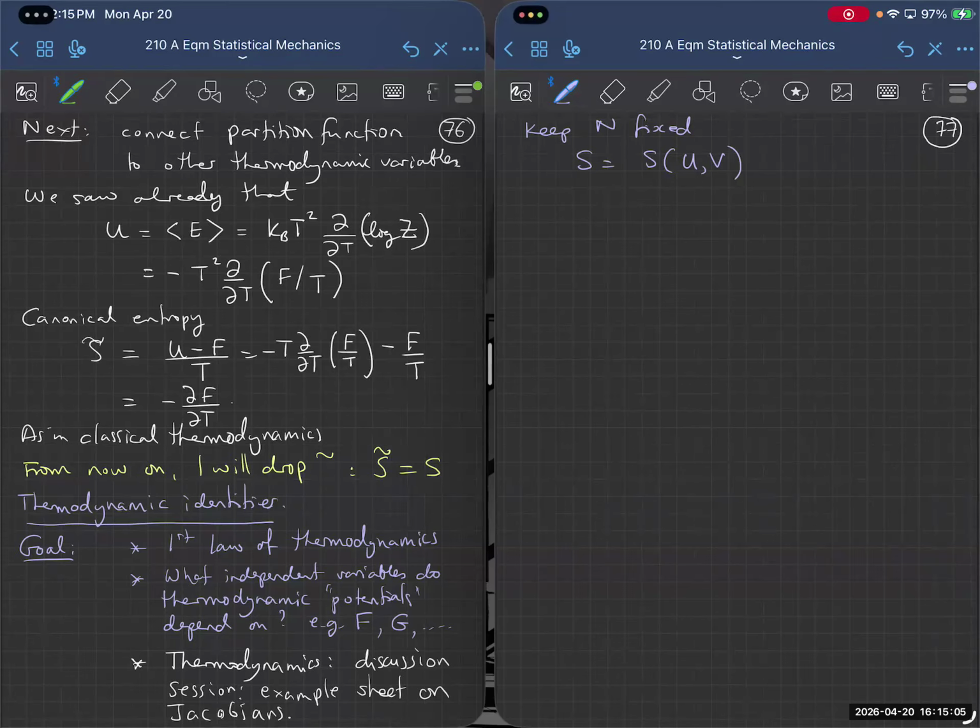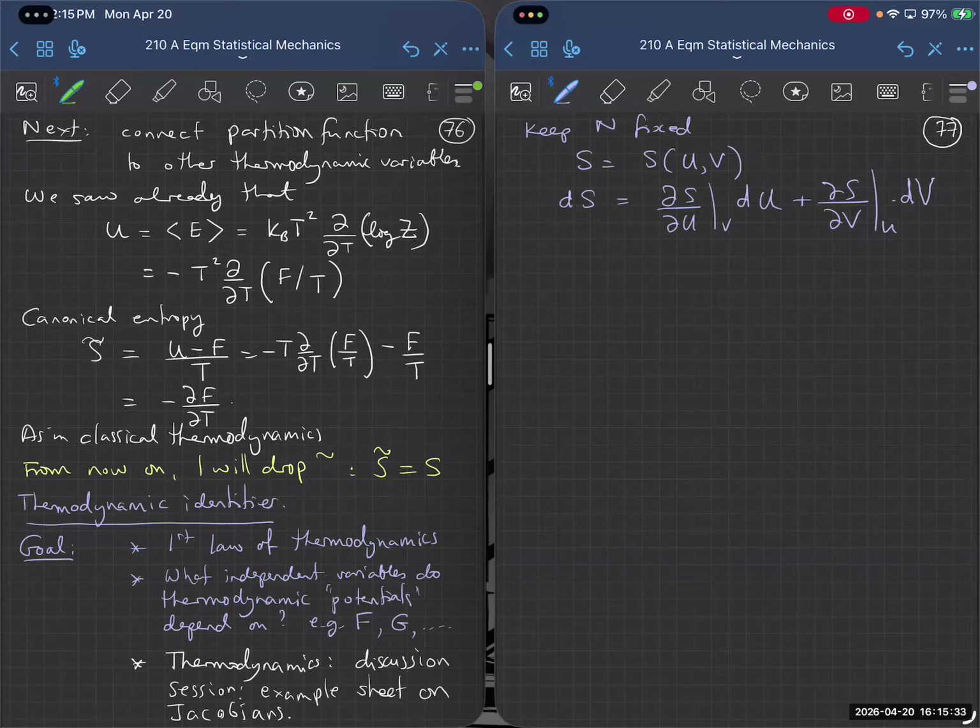So it just depends on the internal energy and the volume. If I look at the differential ds, that's going to look like ds by du at constant v du plus ds by dv at constant u dv. That's just regular calculus.